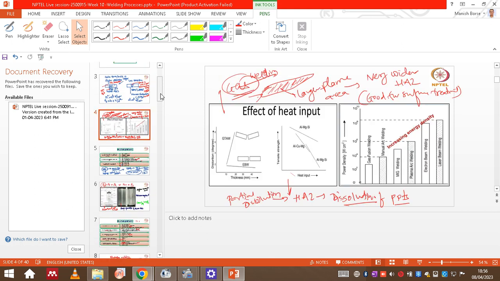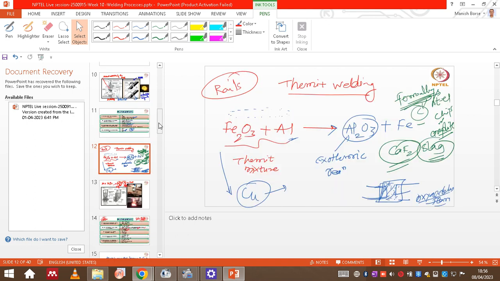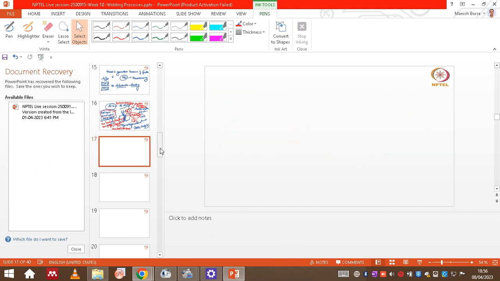So are you okay with the explanation of solidification cracking? Actually, I want to take that in the last session, but it will be better because it has some good connectivity now, since we just ended fusion welding.